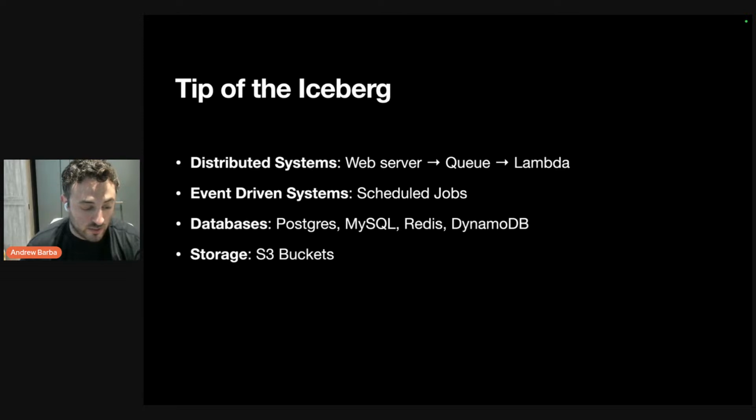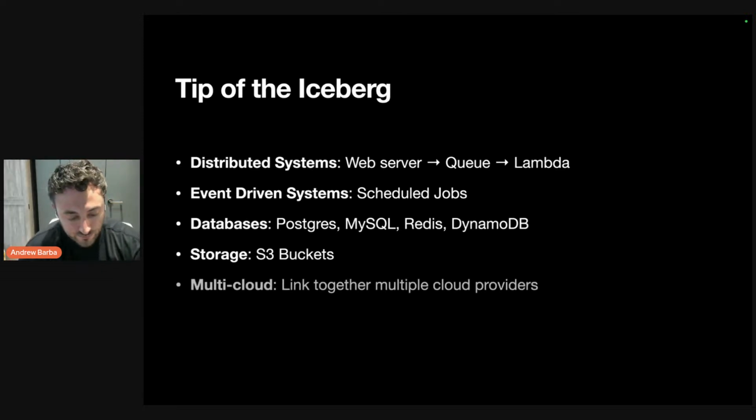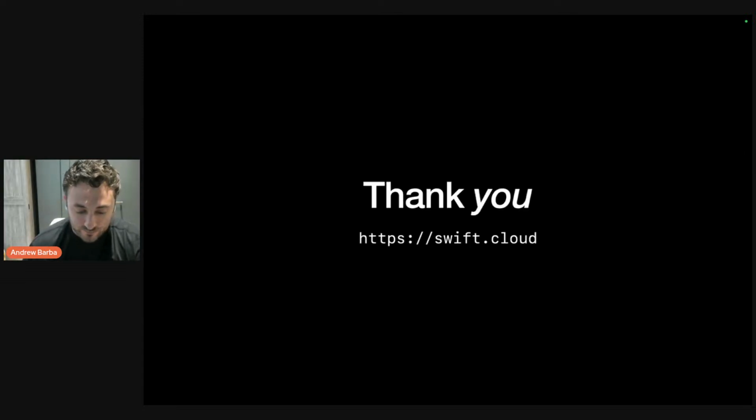It's trivial to spin up S3 buckets, for example, and get all the permissions right between them. And as I showed here, this is really multi-cloud. You can link cloud providers together. So I have support for Vercel, Fastly, Cloudflare, AWS, and DigitalOcean. You can take advantage of all of them. Definitely AWS I have the most support for, but I have constructs for all the other cloud providers too.